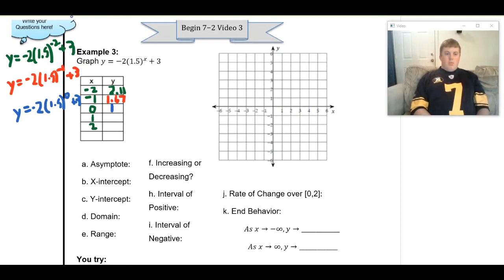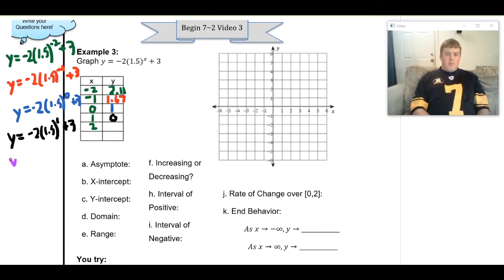What I'm going to do next is plug in my positive 1. So y equals -2 times 1.5 raised to the first power plus 3. And that is going to give me 0.